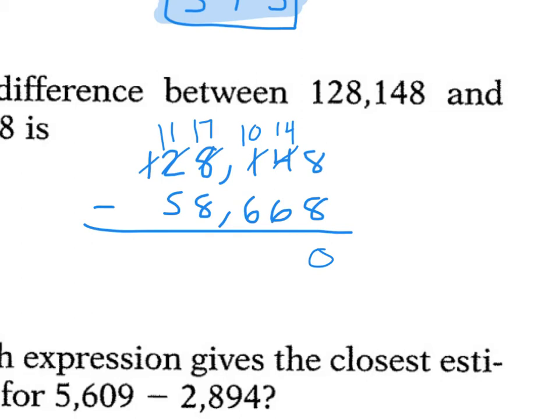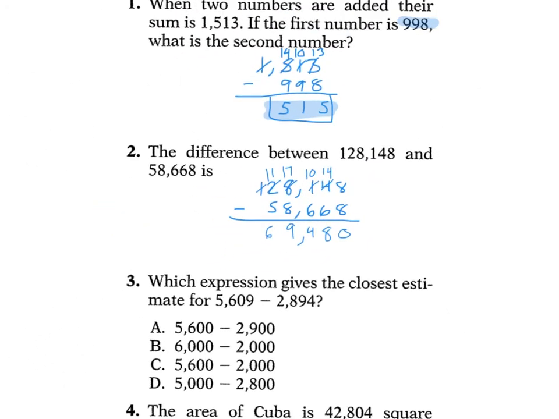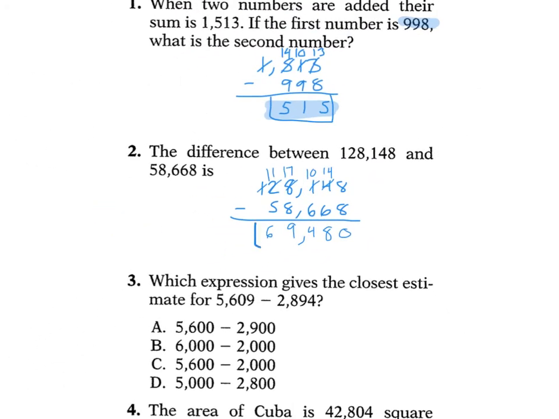So now we have 14 minus 6, which is 8, 10 minus 6, which is 4, 17 minus 8, which is 9, and 11 minus 5, which is 6. So we have 69,480 as our answer.